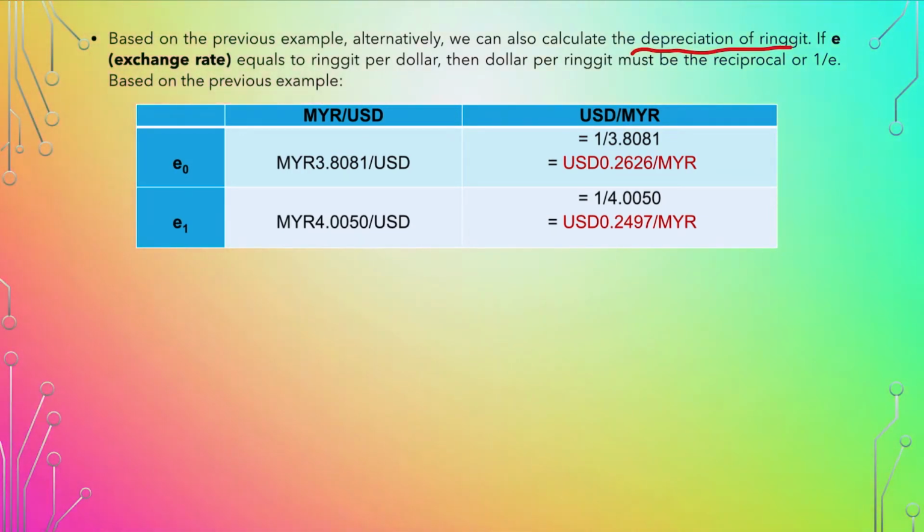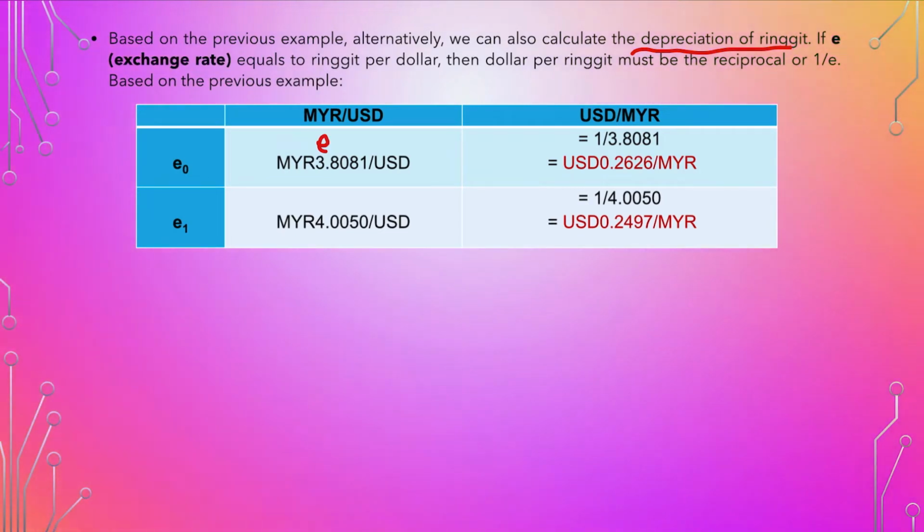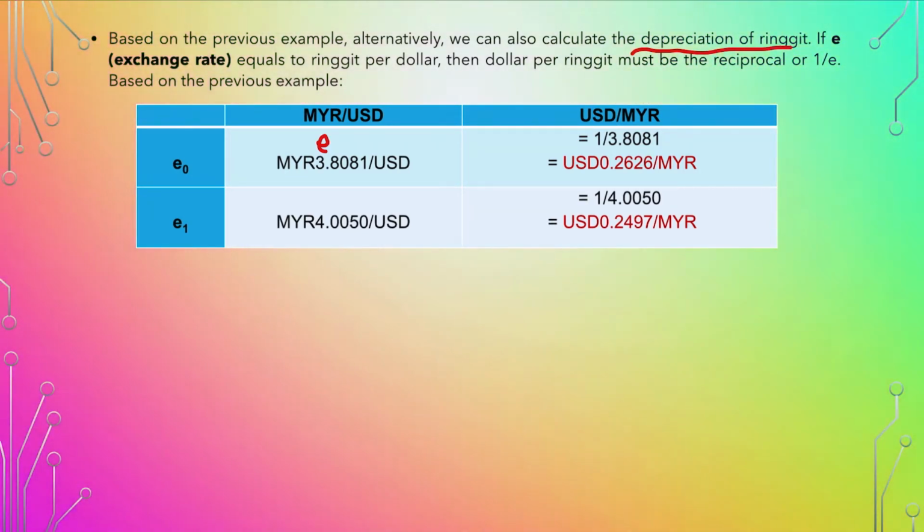So you have to change first to 1 divided by E, 1 divided by 3.8081. So E0 is 0.2626 per Malaysian ringgit, meaning 1 Malaysian ringgit equals 26 cents of US dollar.